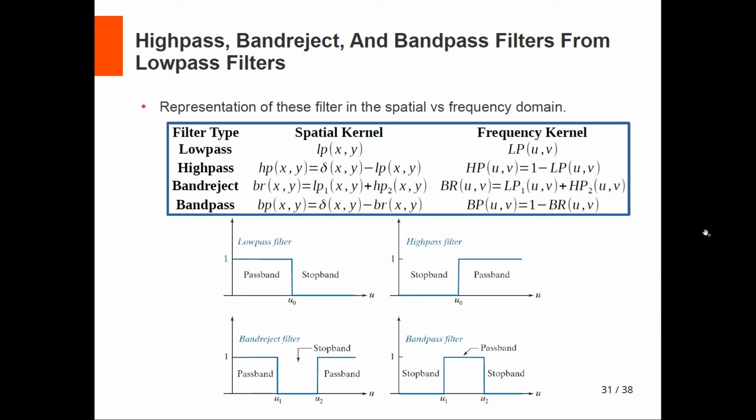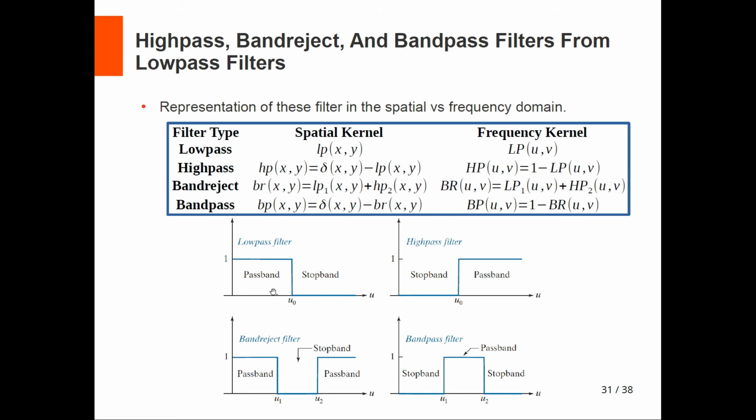Now that we saw those 2 fundamental properties, let's see how we can build high-pass, bandreject, and bandpass filters from low-pass filters. Before getting to the equation, let's quickly look at these figures on the bottom. In a low-pass filter, what we have basically is 2 regions.